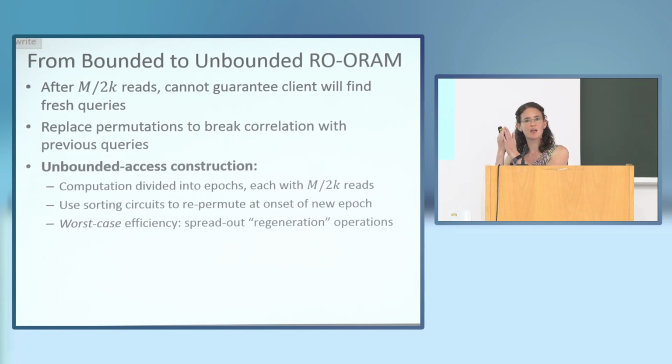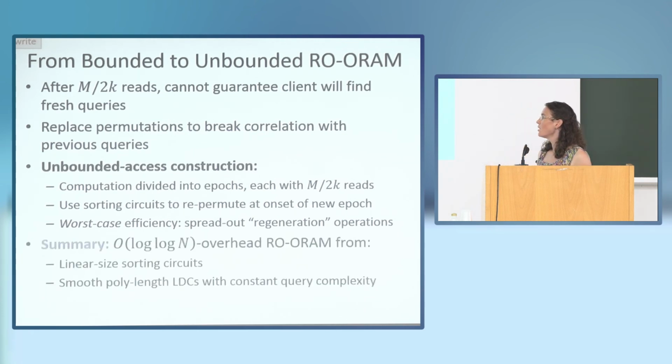Then at the end of the epoch, one heavy operation, I can actually spread out all these regeneration operations throughout the epoch and get worst case log n overhead. Okay, so to sum up, if you start with linear size sorting circuits and smooth locally decodable codes with polynomial size codewords and constant query complexity, you would get log n overhead for read-only ORAM.